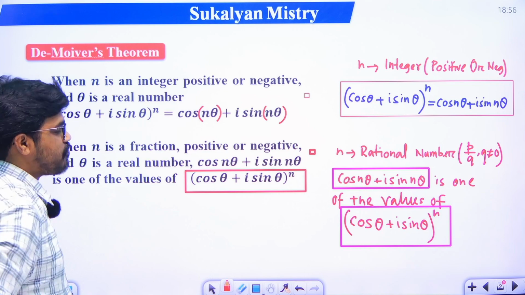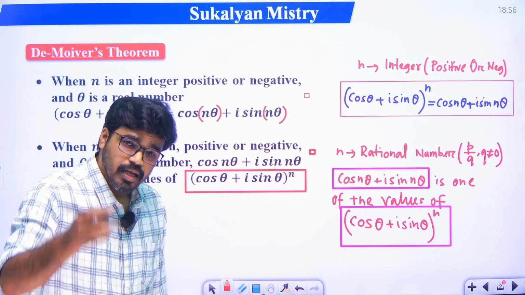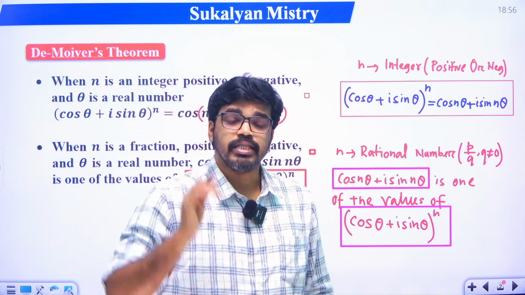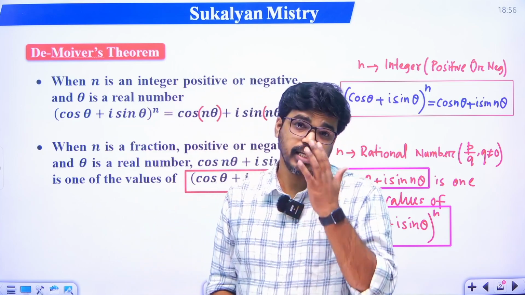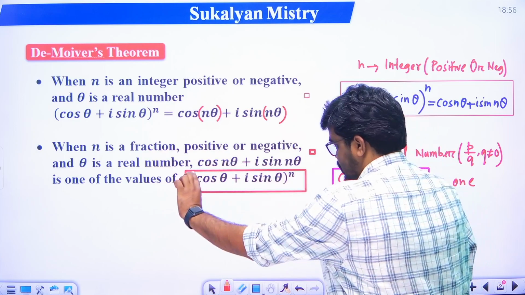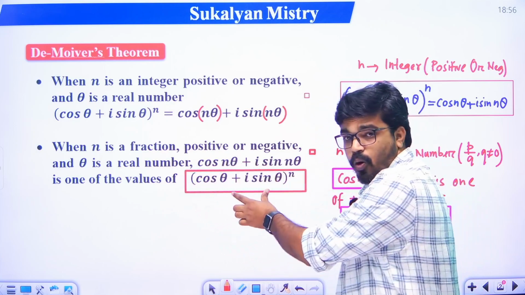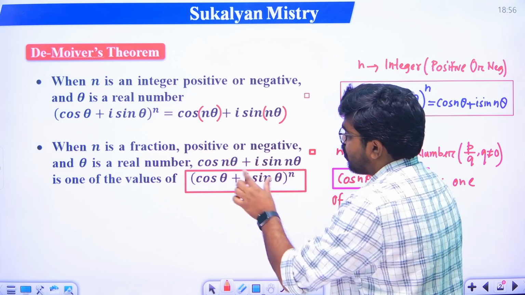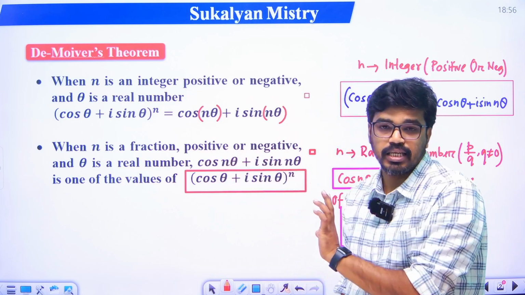But if n is a fraction, that is p by q, then cos n theta plus i sin n theta is one of the values of this expression. It has many values, and one of them is cos n theta plus i sin n theta.